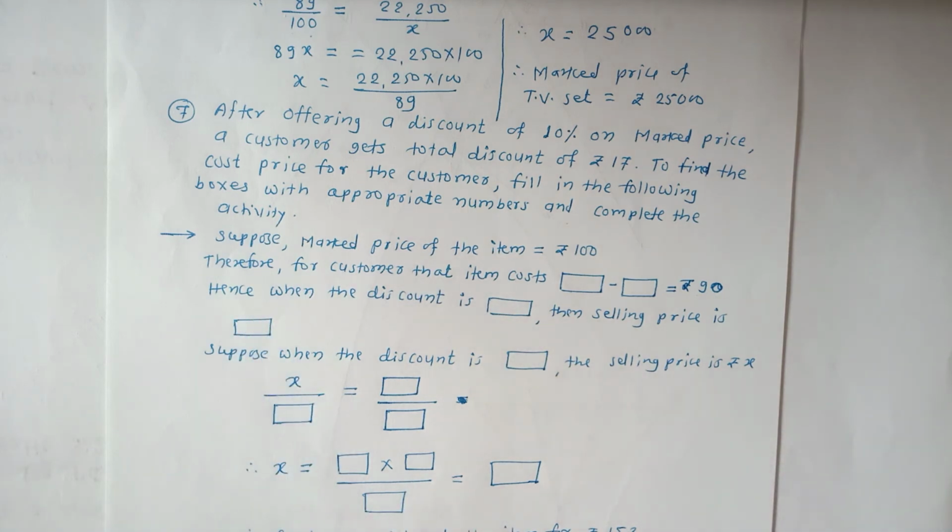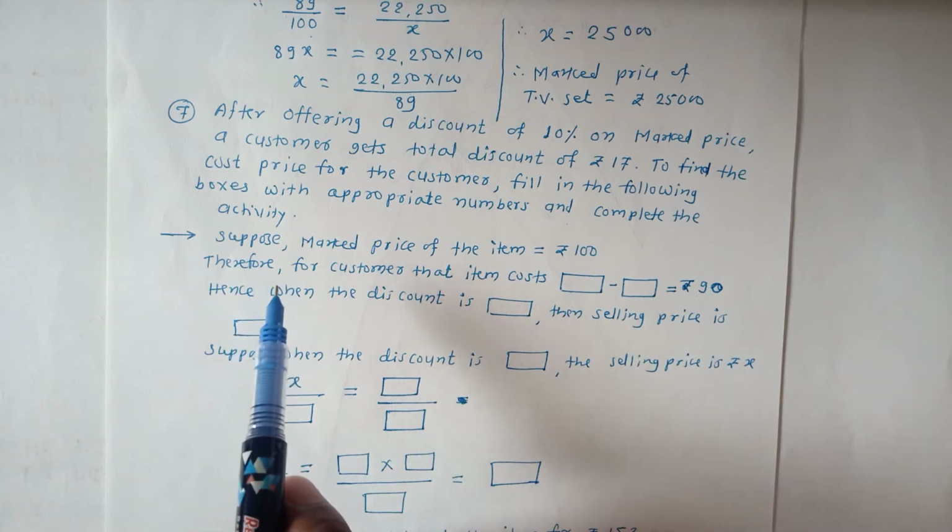Here discount given is 10% on mark price, and the customer gets total discount rupees 17. From this information we have to find the cost price for the customer, that is the selling price of a shopkeeper. So here we have to complete the activity.